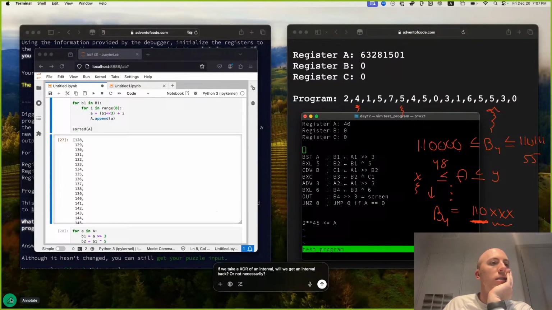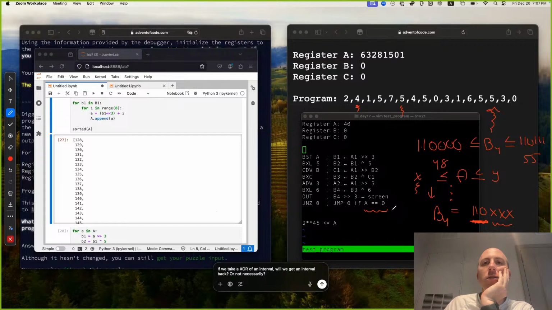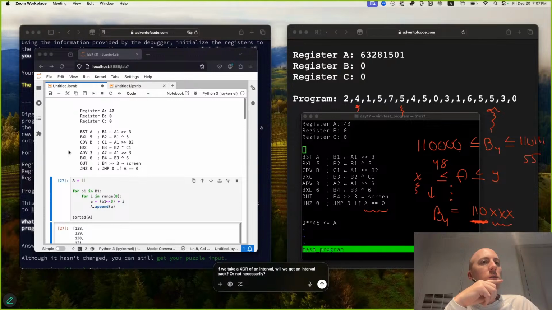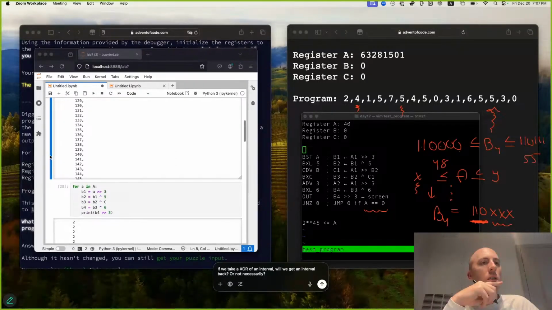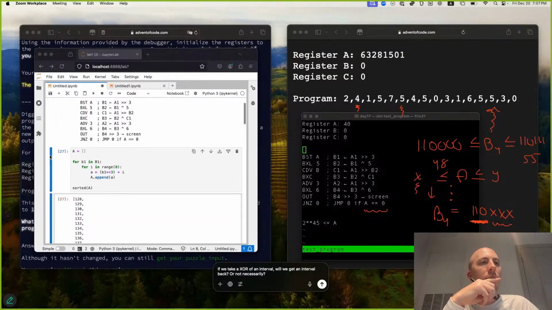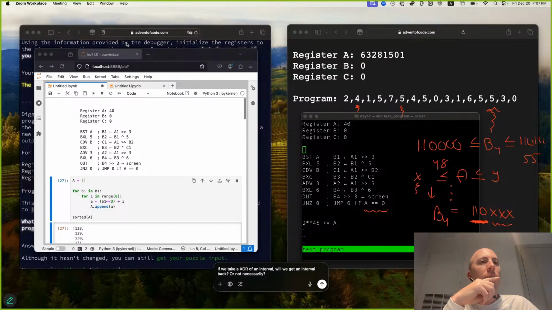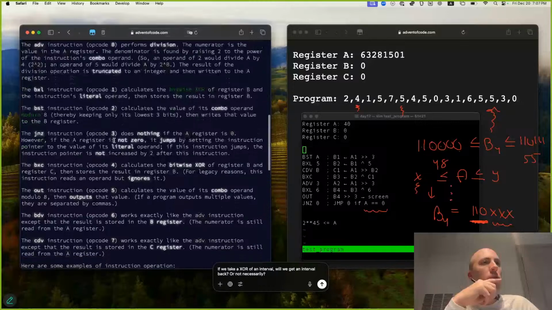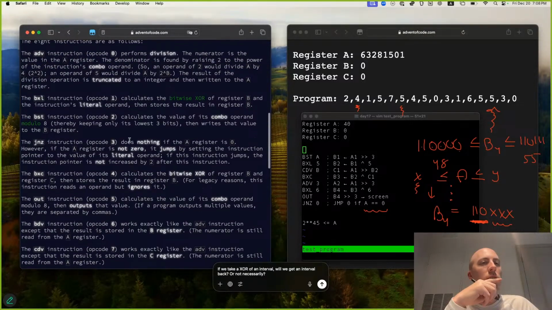So this jumps back to 0 if A is 0. So what is the value of A? A gets bit shifted over by 3. Is that really right? Wait, oh, jump if not 0? The JNZ.